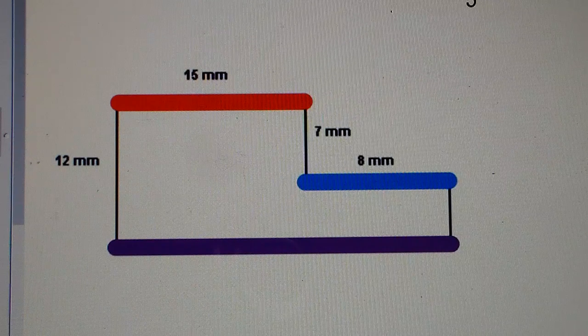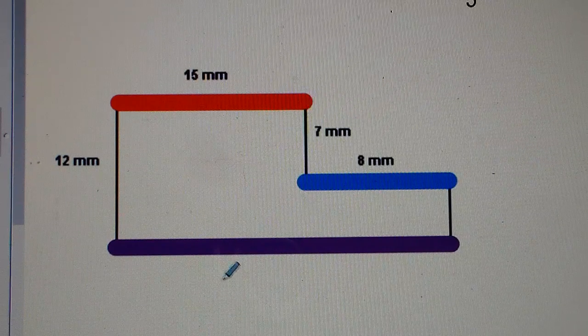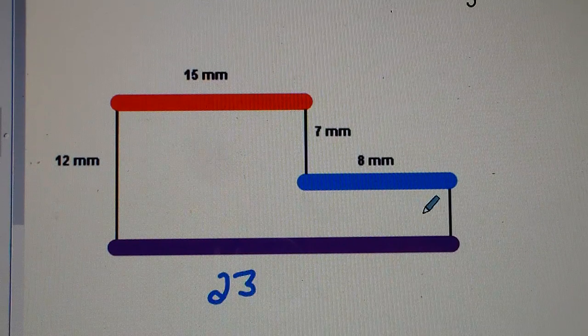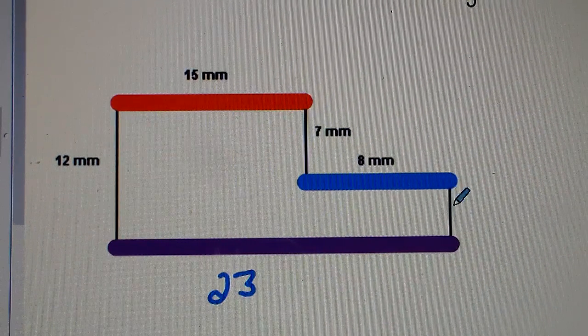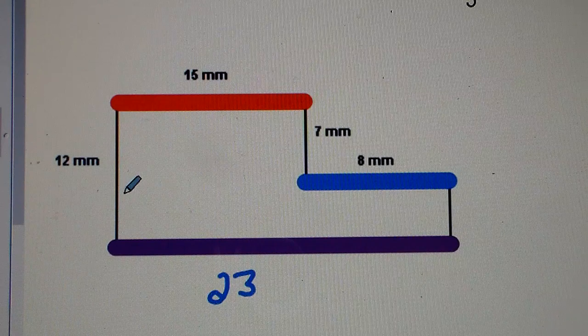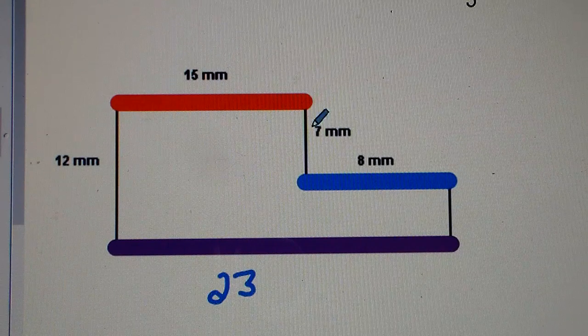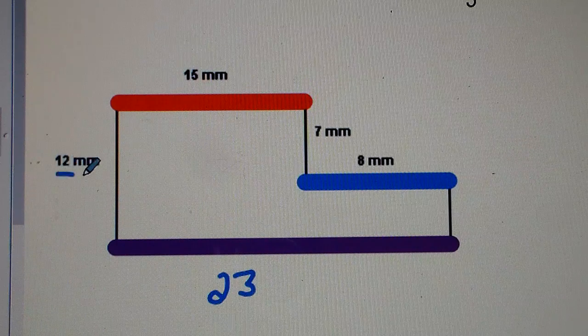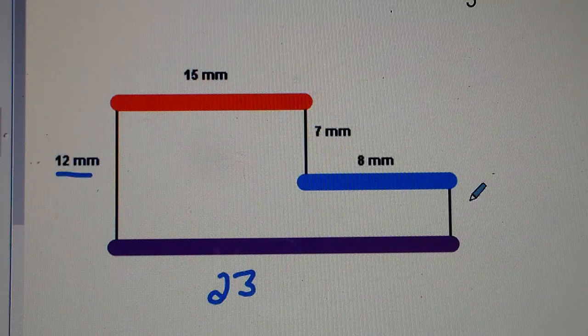So 15 plus 8 gets us 23 length on the bottom. This piece over here, this black piece on the right side, that piece plus this 7 piece is going to equal the 12. So if we do 12 minus 7, that'll get us this length of 5.